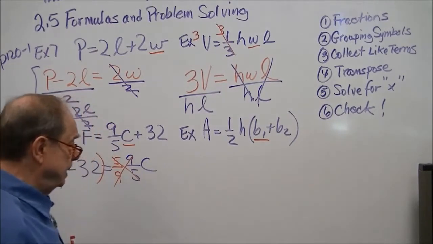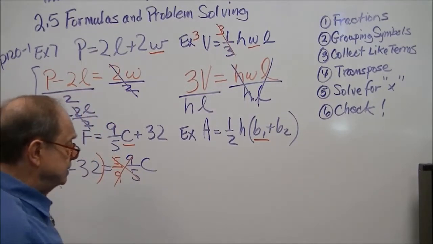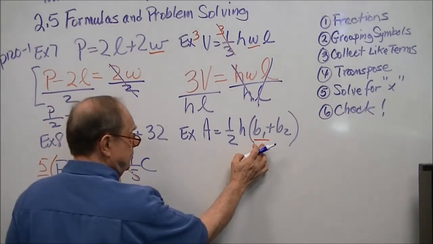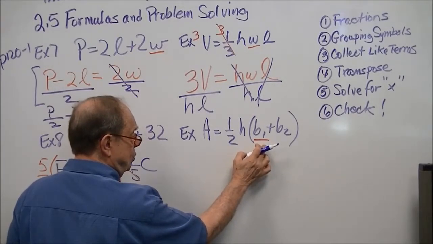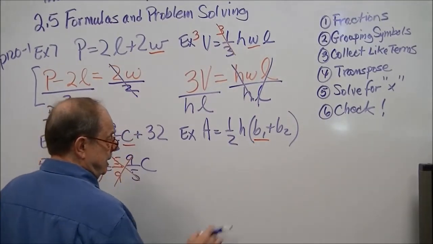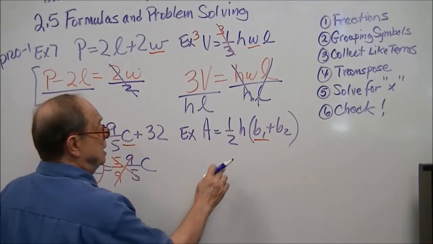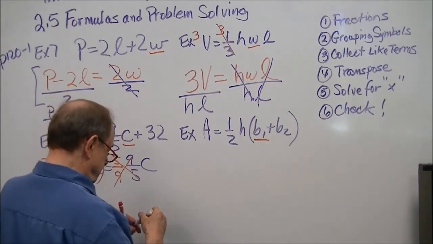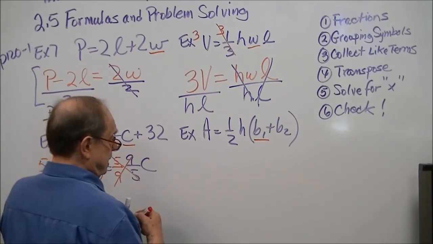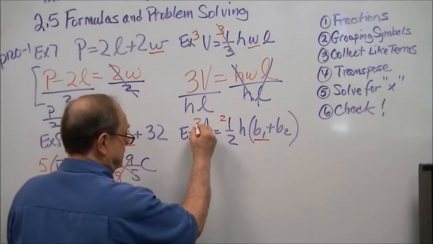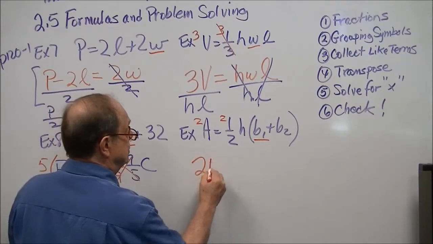Now here's the case where I want to find out what that b sub 1 is, and it's in a parenthesis, so a little different than what we've been doing. But first we want to get rid of the fraction. Multiply both sides by 2, so this becomes 2a.